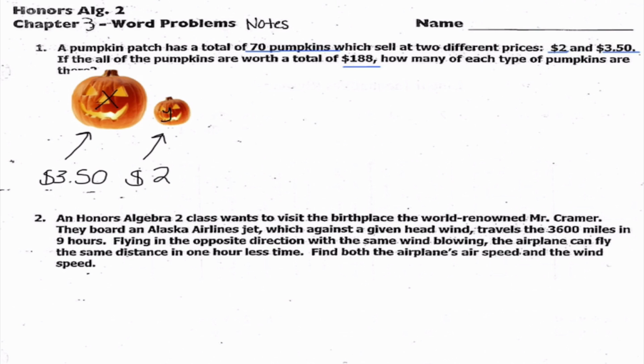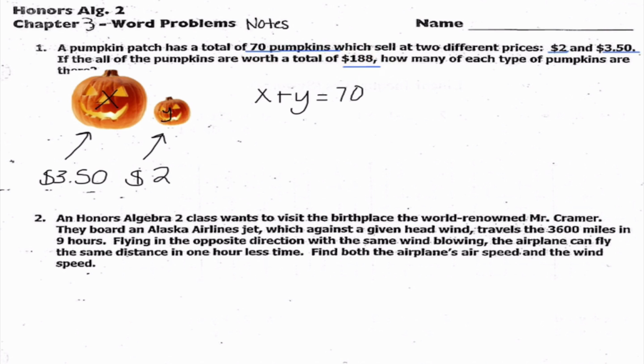So now that we have defined our two variables, I need to write my equations. My first equation tells me that there's a total of 70 pumpkins, so I'm going to say x plus y is equal to 70. My second piece of information tells me that they are worth a total of $188.